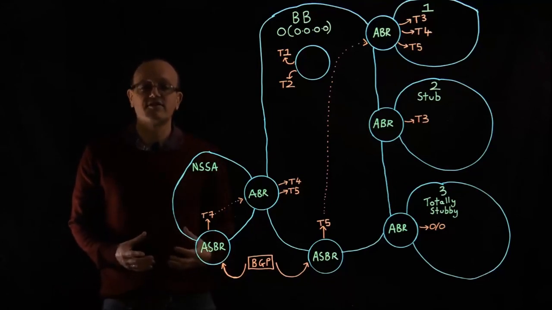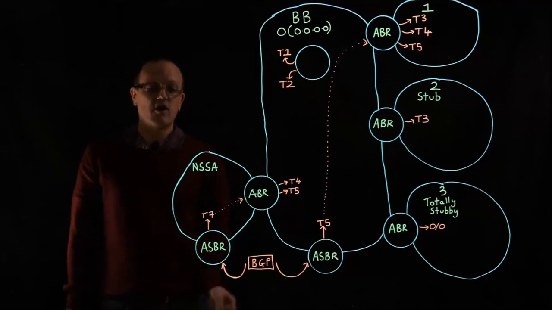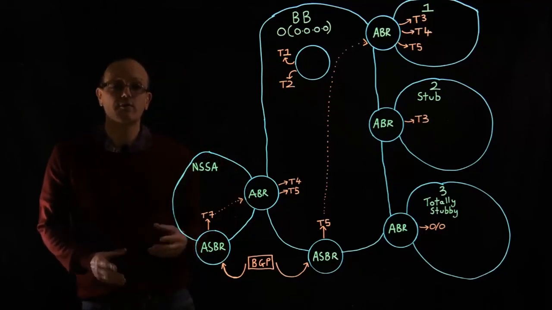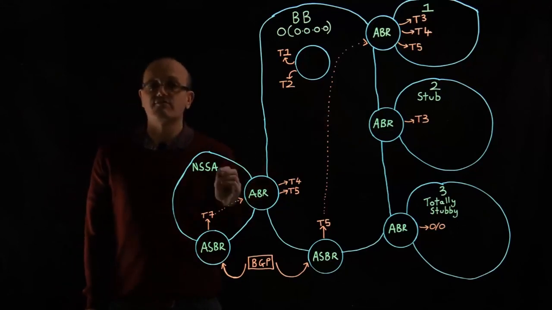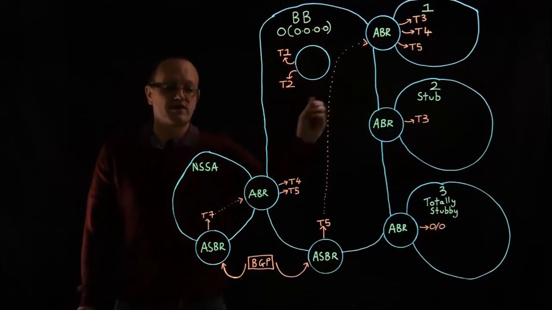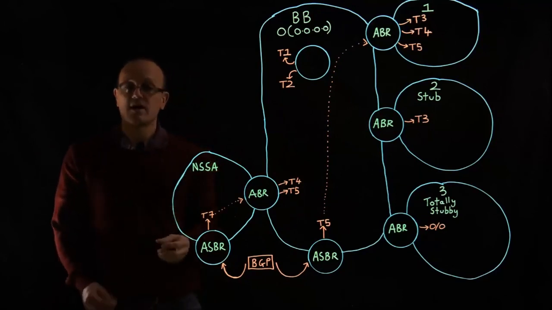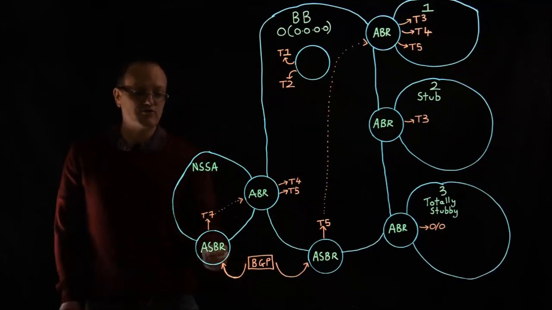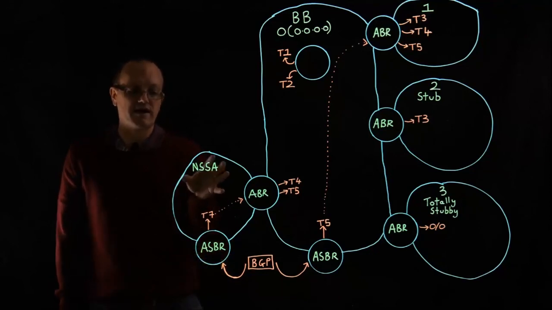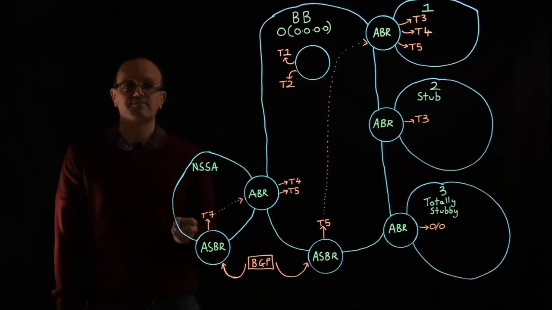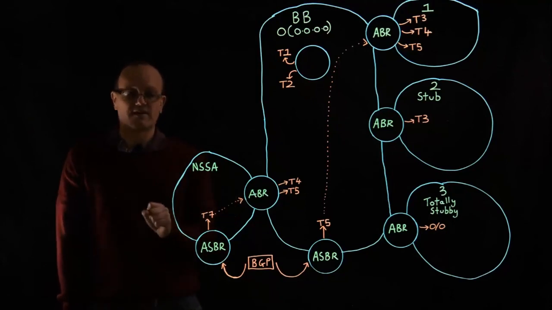So instead we have this special area functionality of the not so stubby area. We're not allowing type 4 and type 5 routes to flood from the rest of the network into our NSSA. Instead, we are allowing external routes to flow out of our NSSA via a special type 7 LSA. That's the not so stubby LSA.